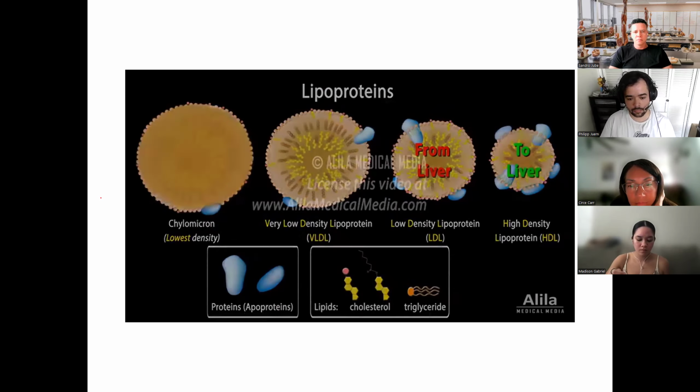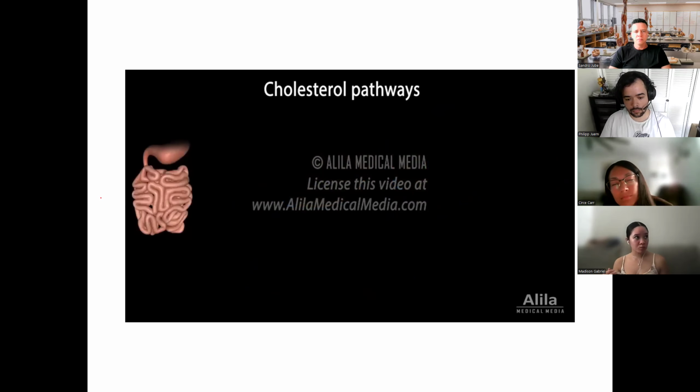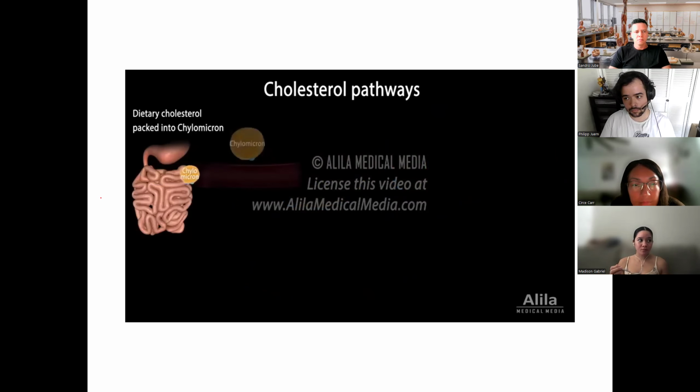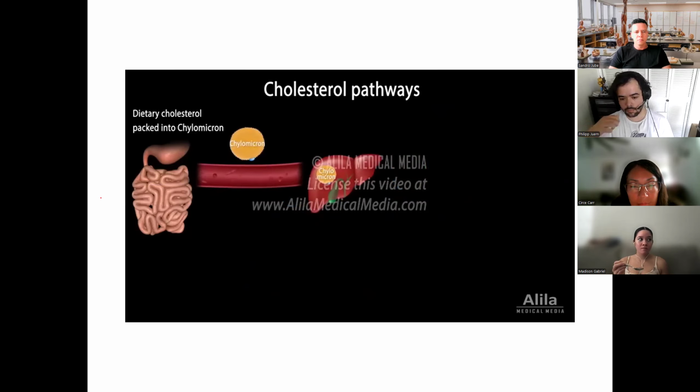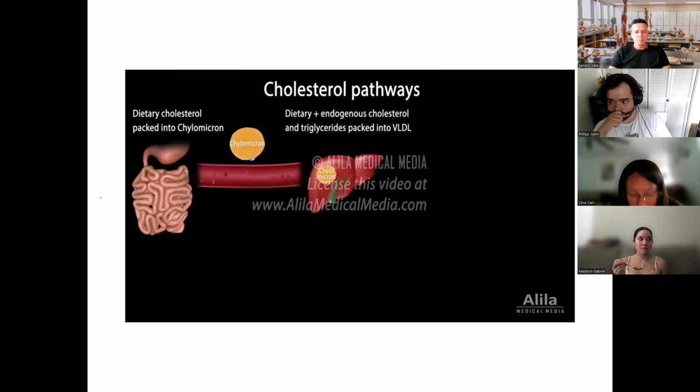to the liver. Major events in cholesterol metabolism include dietary cholesterol is absorbed in the intestine and carried via blood circulation to the liver. The liver packages its cholesterol pool, a combination of endogenous and dietary, together with triglycerides, another type of lipid, into particles of very low-density lipoprotein, VLDL.